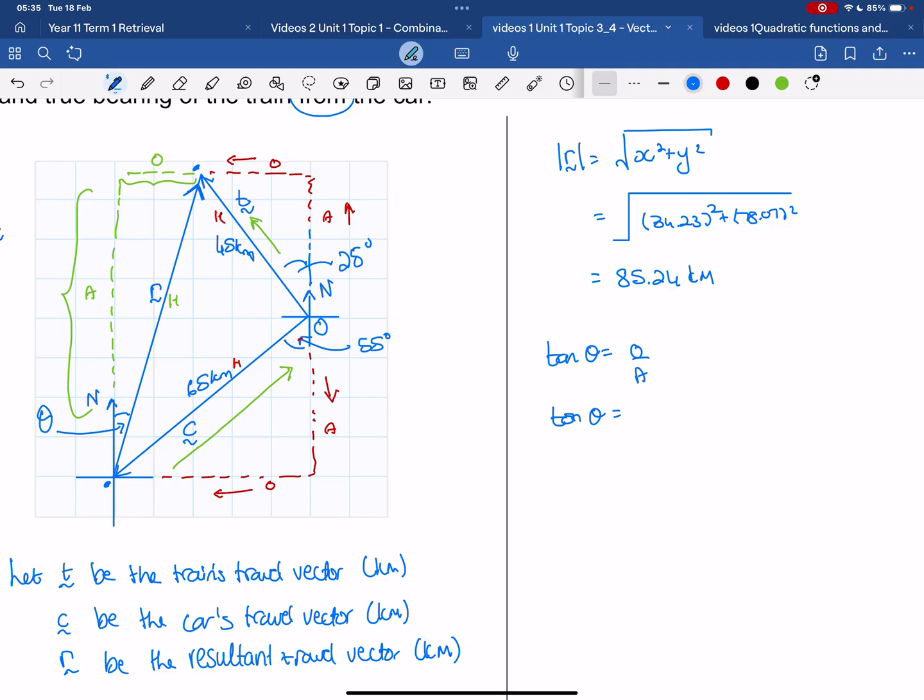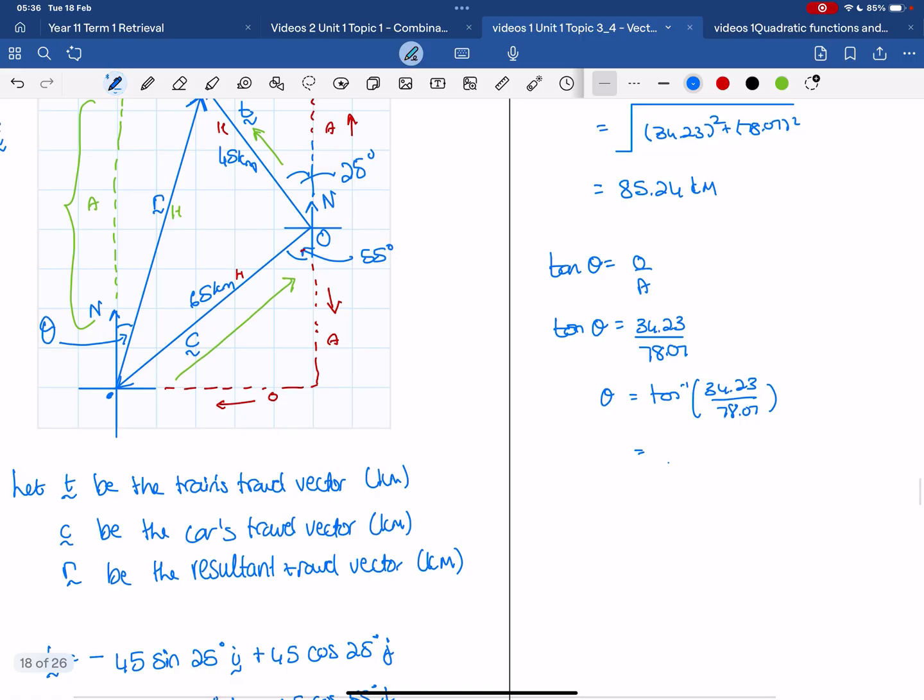Tan of theta is going to be 34.23 over 78.07. So theta will be inverse tan of that, and that's going to be 23.68 degrees.